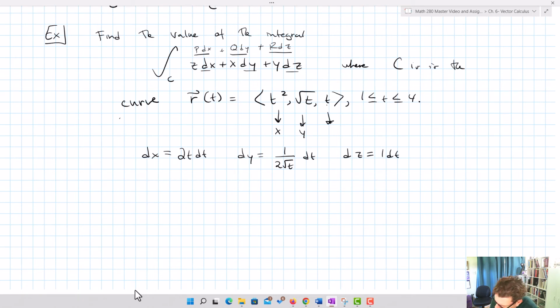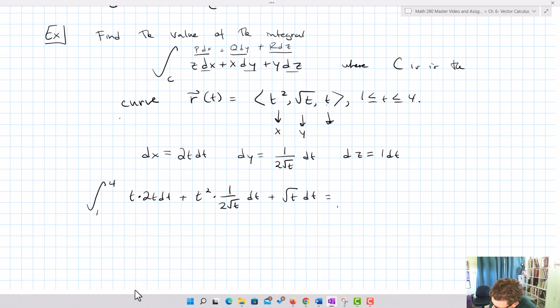So I'll rewrite my integral. My integral is going to go from 1 to 4. And I'm going to have z dx, so that's going to be t times 2t dt. Plus x is t squared, so it's going to be t squared times 1 over 2 root t dt, plus y is root t, so it's going to be root t dt.